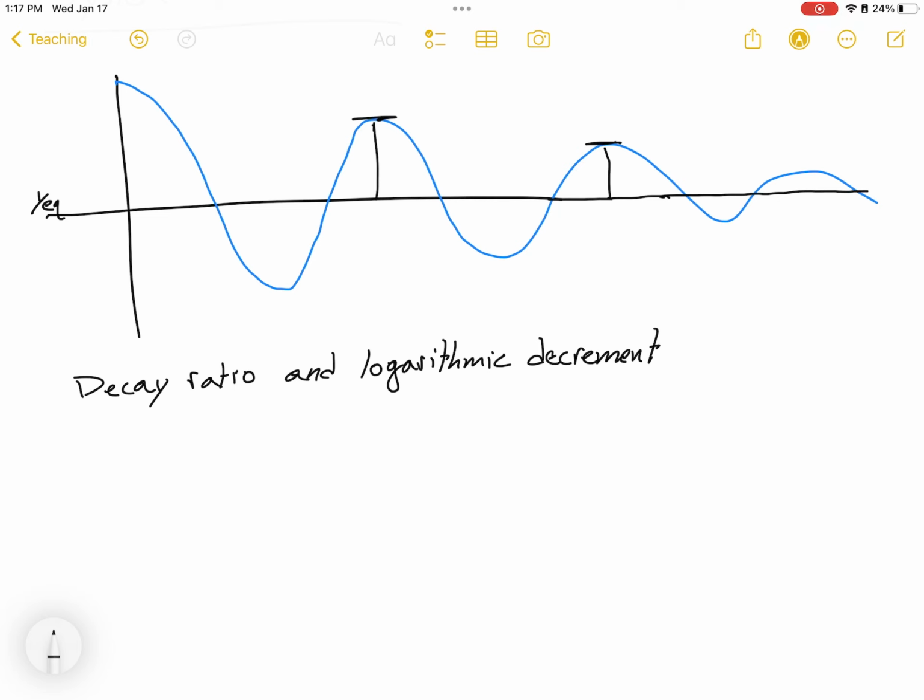Then we can define the decay ratio, which I'll write as dr, and that's going to equal y of t plus some period, minus y equilibrium, divided by y of t minus y equilibrium. And so what it becomes is the ratio between two amplitudes.